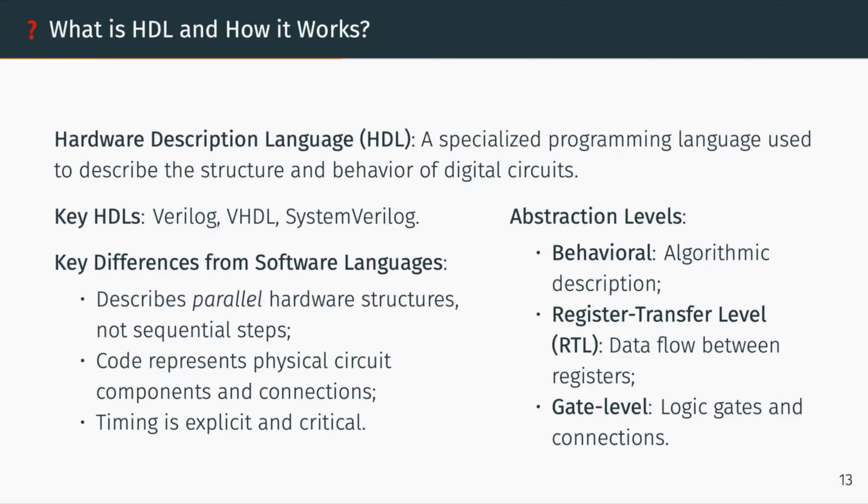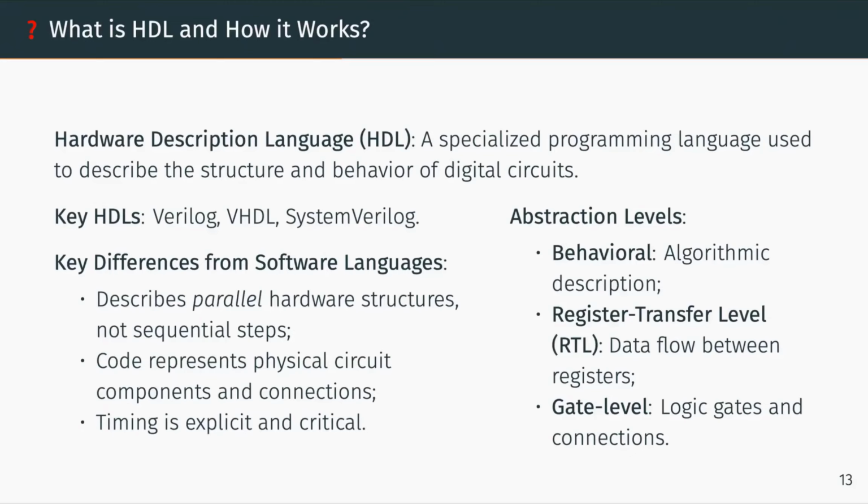We can write Verilog, VHDL, SystemVerilog, and there are a lot of them. Different from software languages, we describe parallel hardware structures, not sequential steps. When writing C++, normally the code will just execute from top to bottom, from line 1 to line 100, and that's how it works.